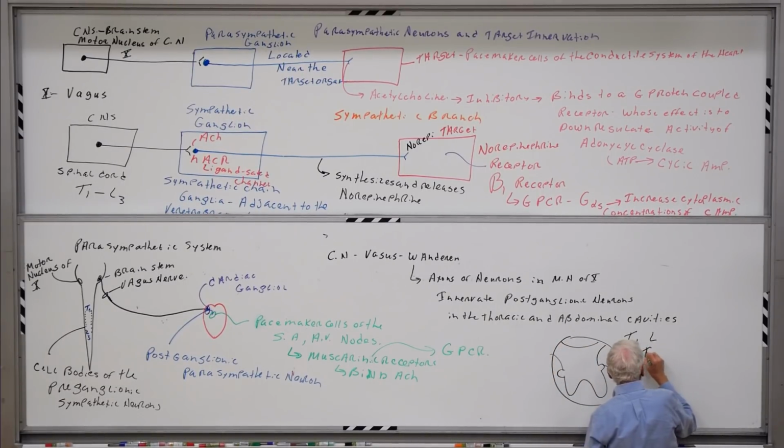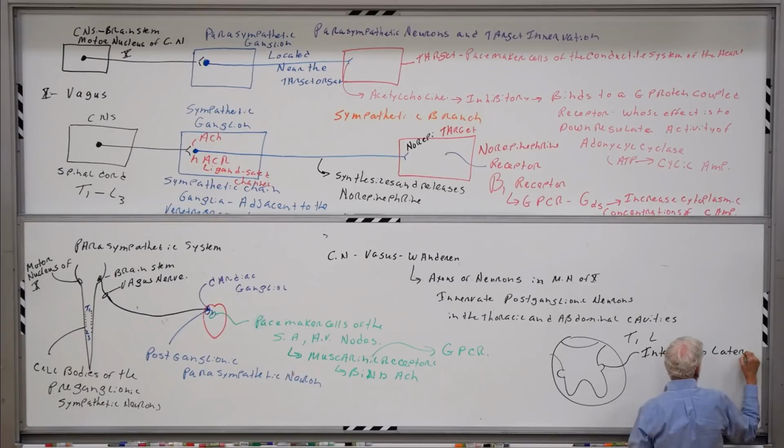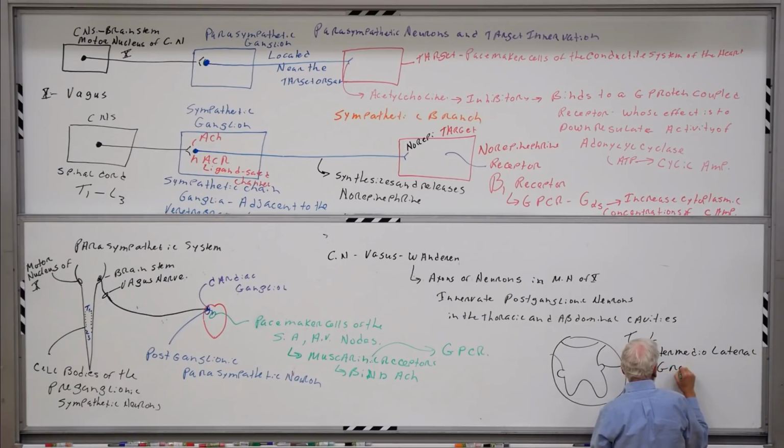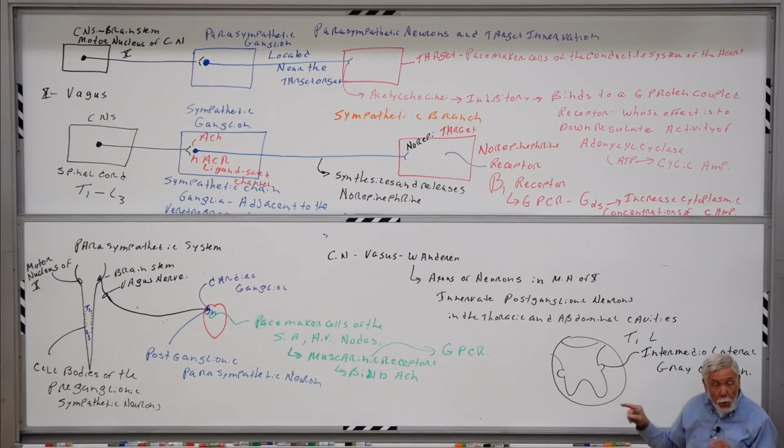It's called the intermediolateral gray column. That's a mouthful, but it's descriptive. It tells you that it's part of the gray matter, so you know it's going to be cell bodies. It tells you it's lateral, so it's off to the side. It tells you it's intermedio, so it's neither dorsal or ventral, it's in between.